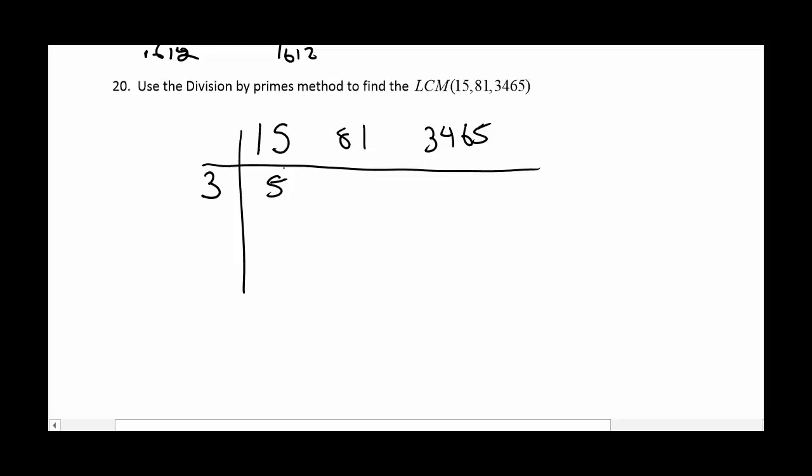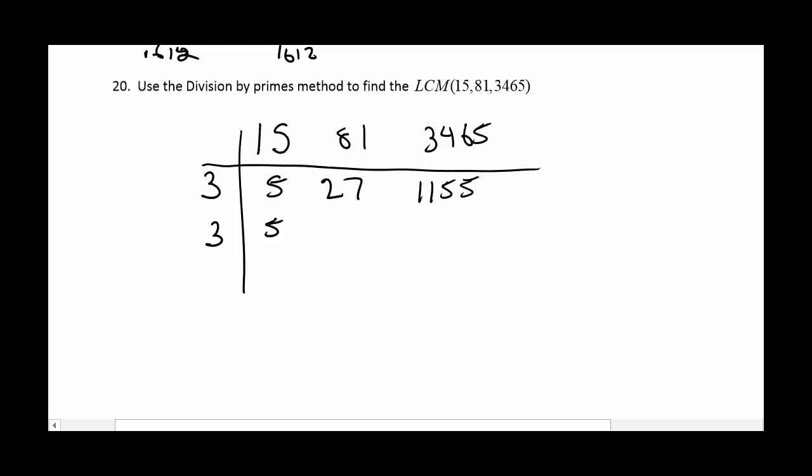81 divided by 3 is 27. 3,465 gives me 1,155. Alright, I still see that I can take another 3 out of one of the numbers at least.